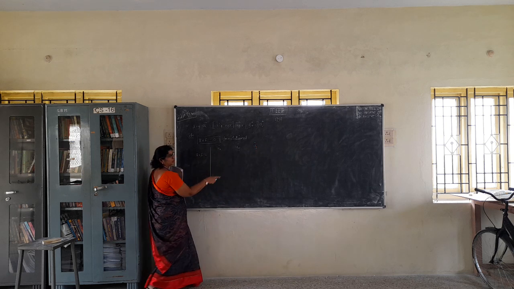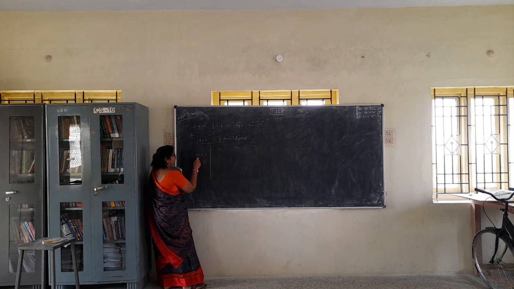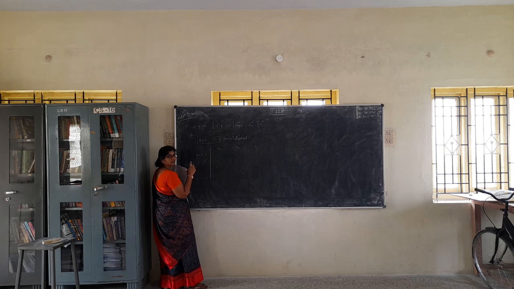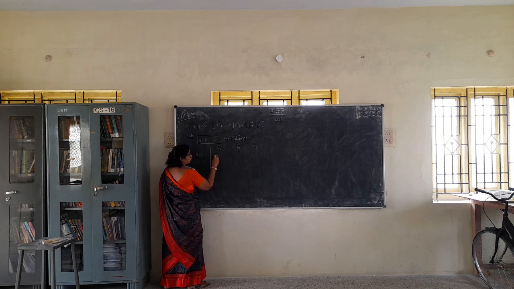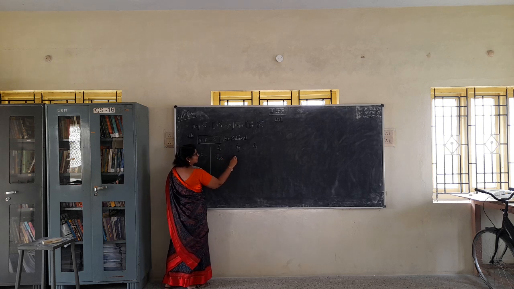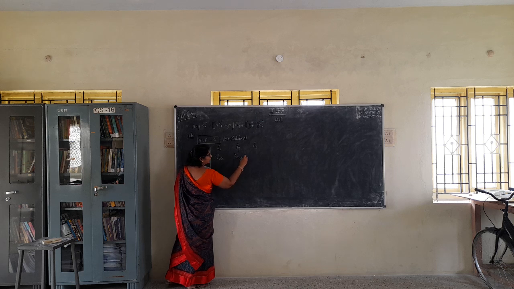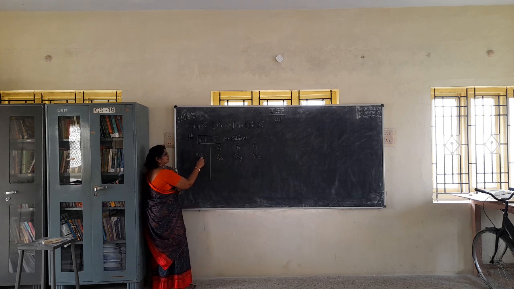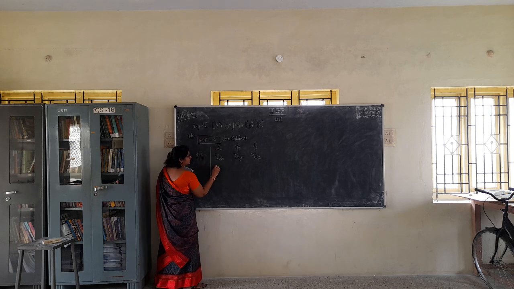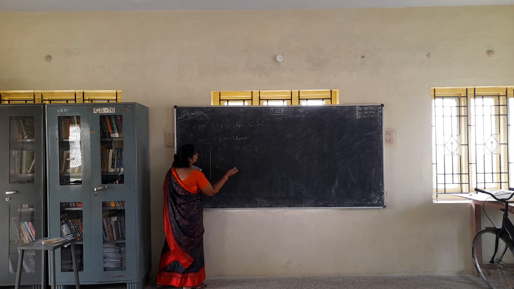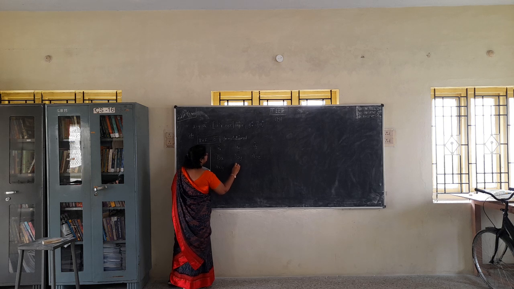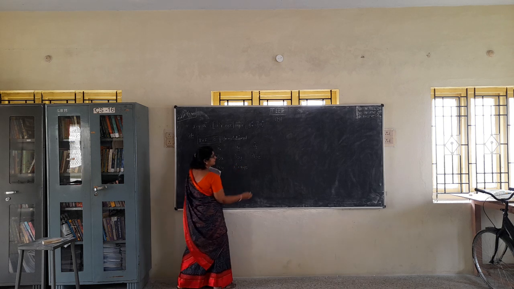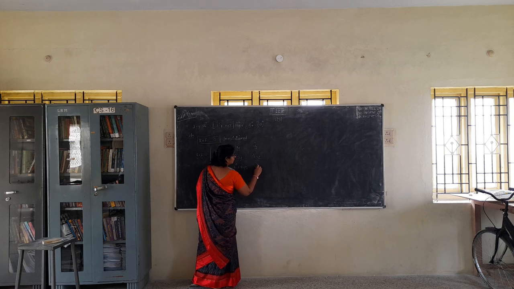Second row: del by del x, del by del y, del by del z. Third row: the coefficients of F vector. Coefficient of ax vector is 2xy, coefficient of ay is x square plus 2yz, coefficient of az is y square plus 1.